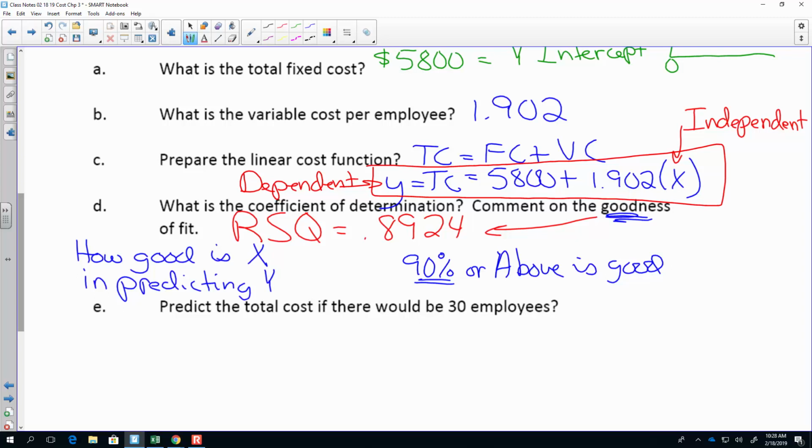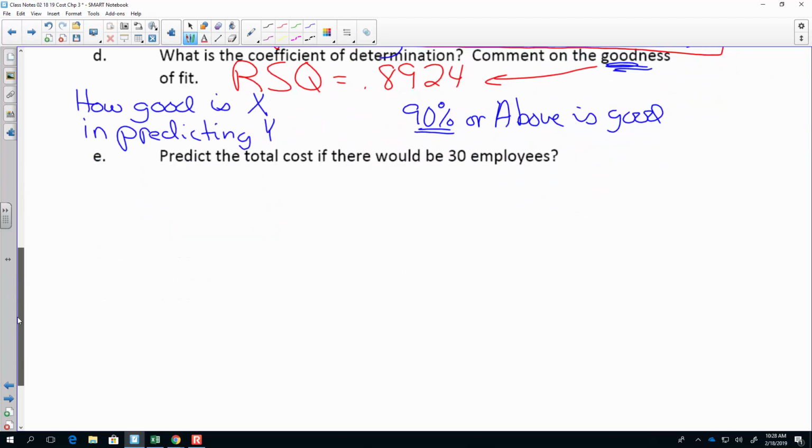And then we're supposed to put 30 in for X. Let's do that. Y equals 5,800 plus, oops. What's my variable rate? 1.902. I'm really getting messy.